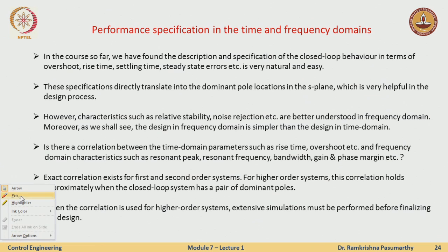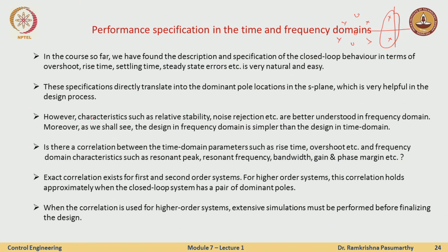So, there may be several poles in the system, but if there is a dominant second order pole and all other poles lie further to the left, and maybe some zeros here, this is what dictated the behavior of the closed loop system, right. So, all those analyses could be made based on these dominant closed loop poles.